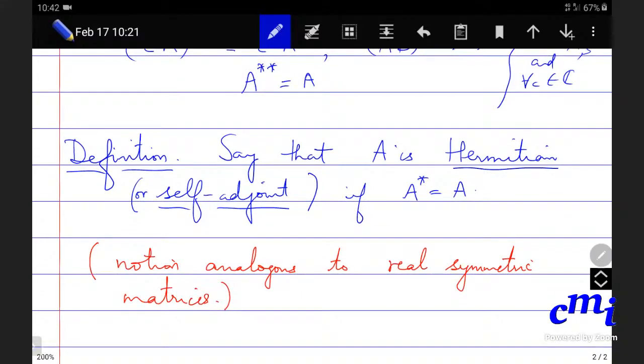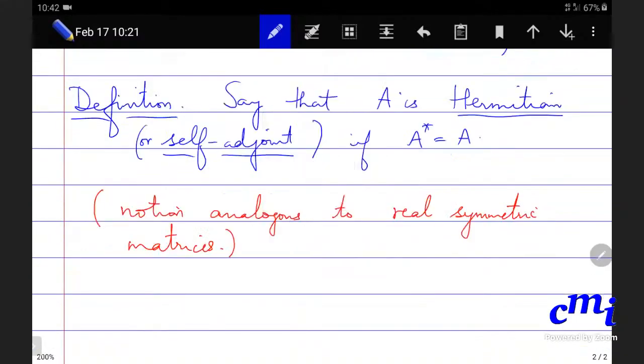Right now we're just making some definitions for complex matrices, which just parallel the corresponding definitions for real matrices.